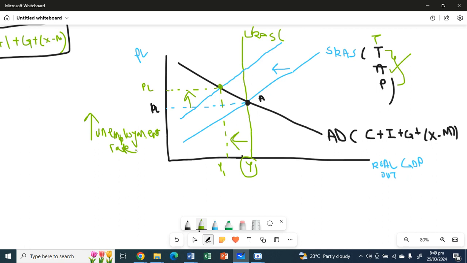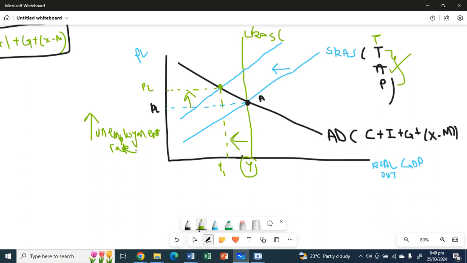So whenever you're answering questions based on this graph, you have to talk about what happens to price level, unemployment, and real GDP output. That's how you get all your marks. Price level, unemployment, real GDP output, you say what happens to them.